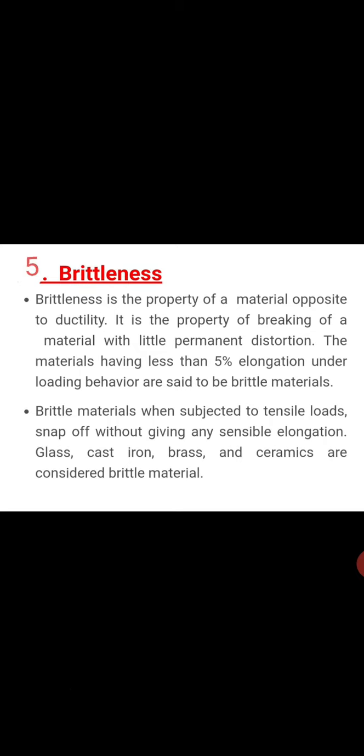Glass, cast iron, brass and ceramics are considered brittle materials. Brittleness means the material elongates less than 5% under loading conditions. Just like glass, which cannot be elongated like rubber, such materials are called brittle materials.